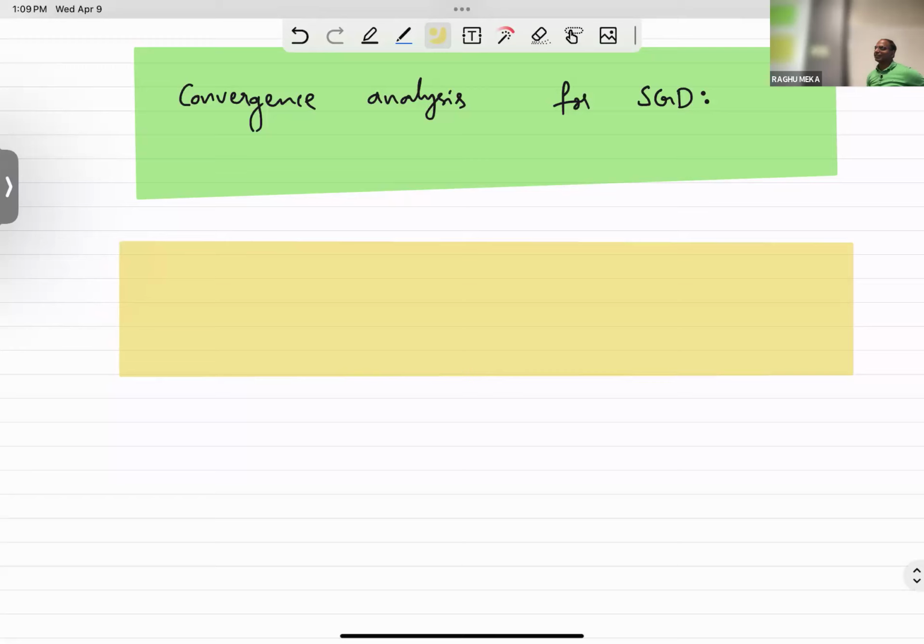The first thing is some kind of approximate monotonicity property of SGD, of stochastic gradient descent. So what does this mean? Approximate monotonicity of SGD.